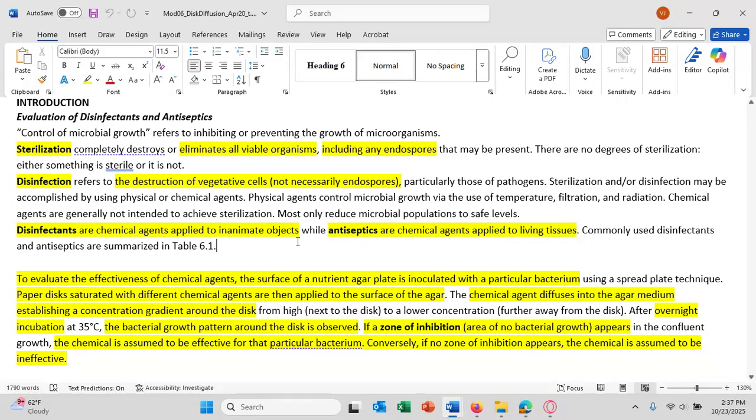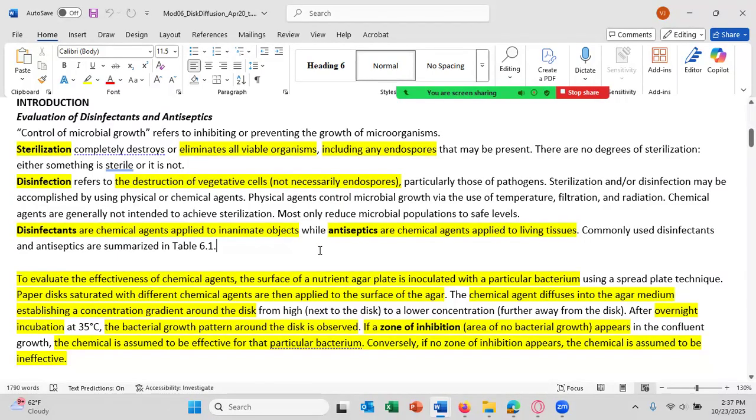So chlorine bleach can be used as a disinfectant and it can be used as an antiseptic, but usually a disinfectant is a more harsh chemical and it'll do damage to the skin, and antiseptics are a less harsh chemical and tend not to damage the skin. Like tincture of iodine does not damage the skin, but chlorine bleach will.